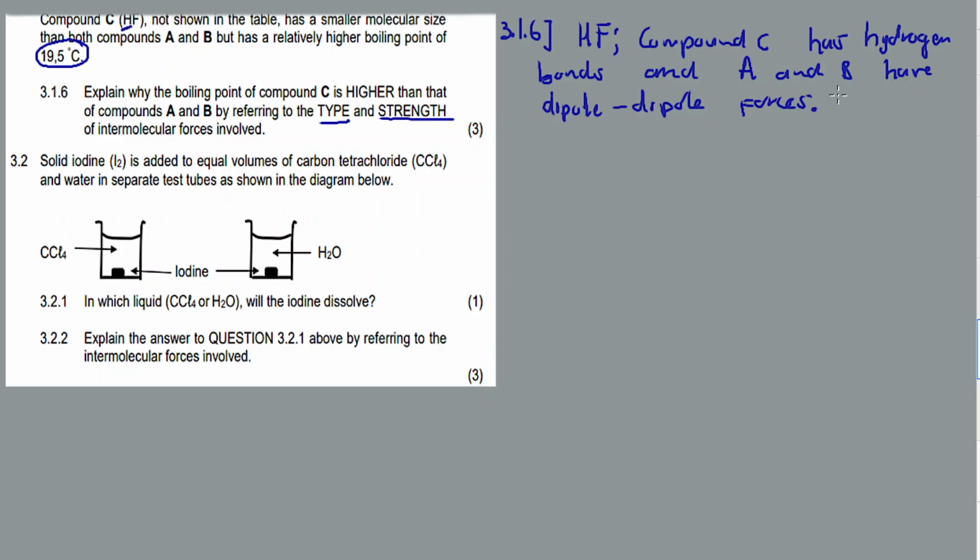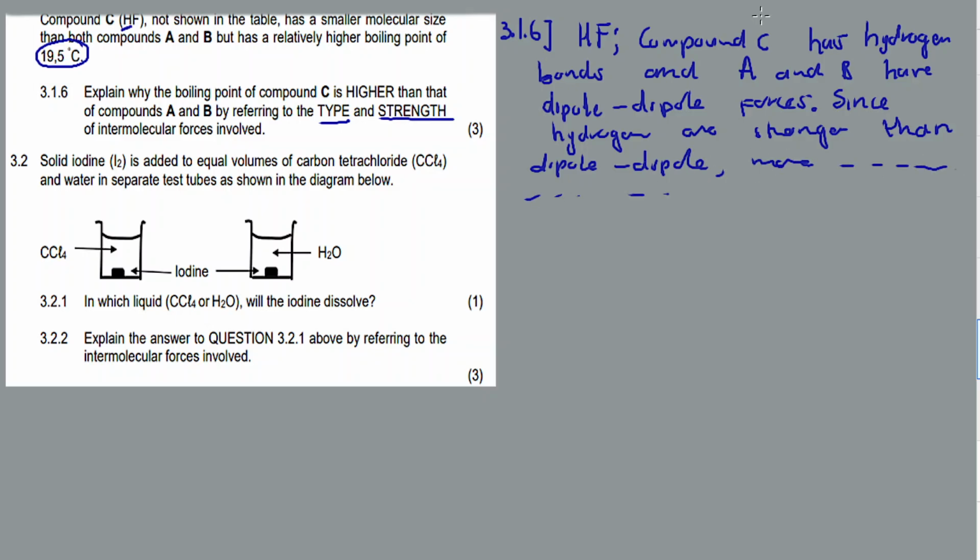So all right, since hydrogen bonds are stronger than a dipole, more energy is required to break the bonds in compound C. Right?